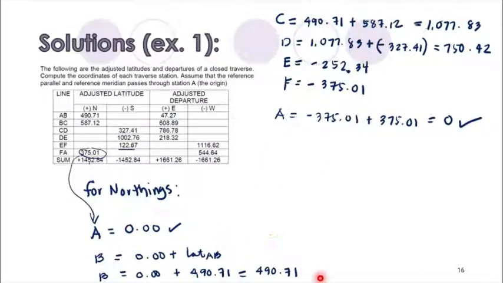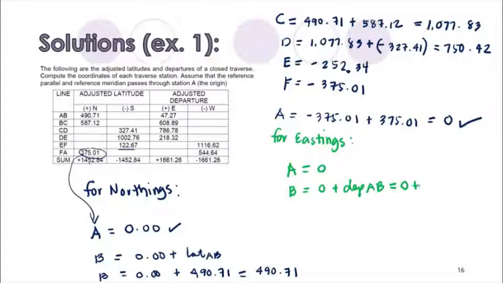Okay, so likewise for the eastings. For eastings we have A, again it's at origin, so it is 0, then B is equal to 0 plus the departure of AB, okay, take note AB, and then that is equal to 0 plus departure AB is positive 47.27, then that is equal to 47.27.